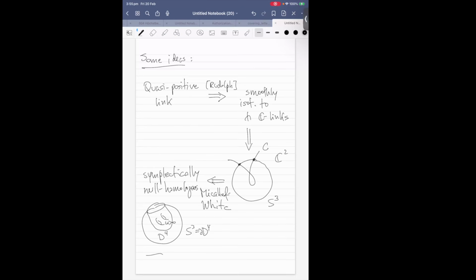Finally, there is a result by Gadgil and Kulkarni saying that in the symplectic case, if you see a symplectic slicing surface like this, the symplectic genus is equal to the slice genus.